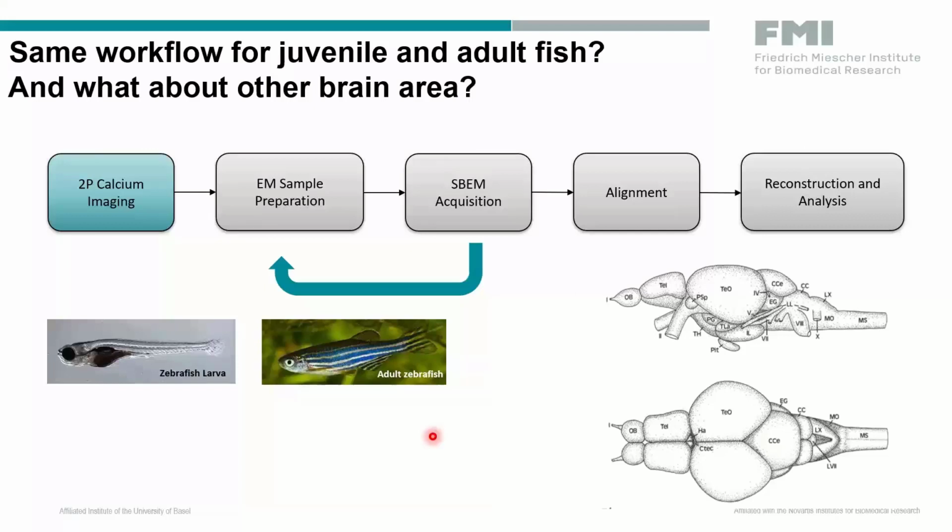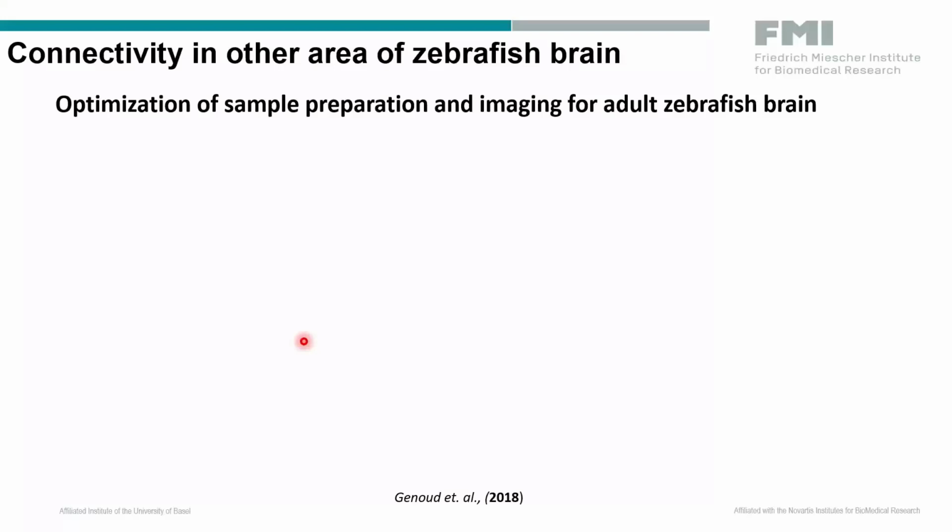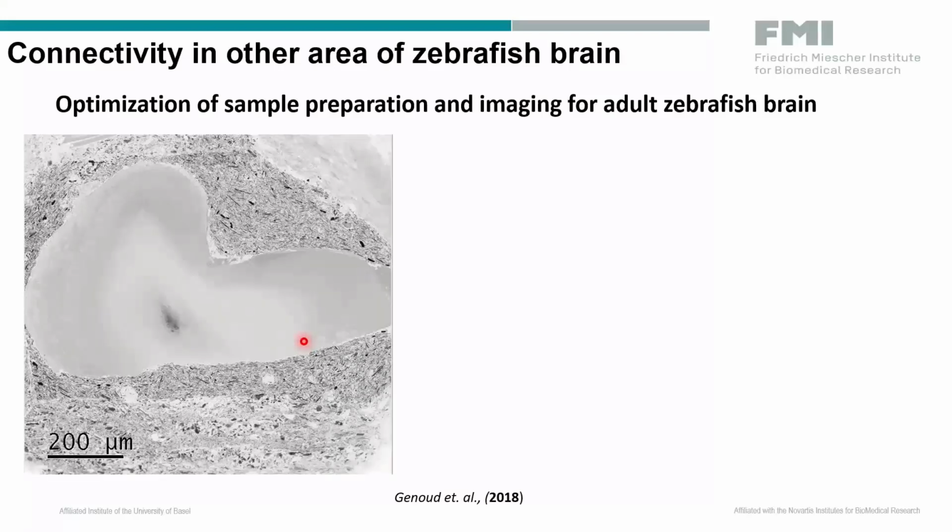So for that, we proceeded like Adrian Wanner did. We used the Ellisman protocol or the rOTO protocol, and we used exactly the same workflow. But what we realized is that the rOTO protocol was absolutely not adapted for this new type of tissue.